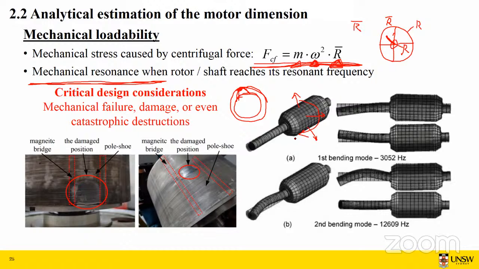So we have to consider the mechanical stress and the mechanical resonance of a rotor very carefully. Otherwise, our motor may have very severe mechanical failure, damage, or even catastrophic destruction. So it is very important to consider the mechanical loadability.